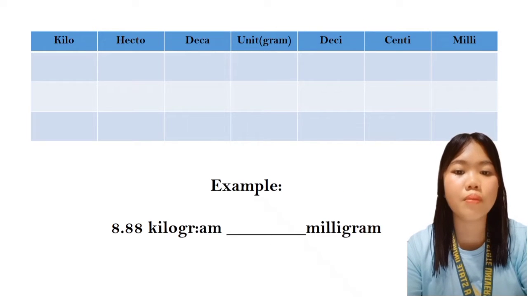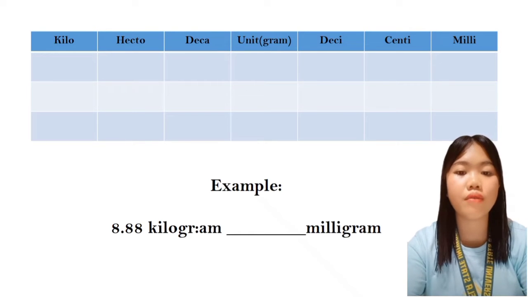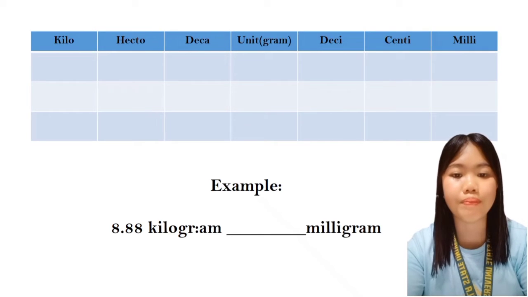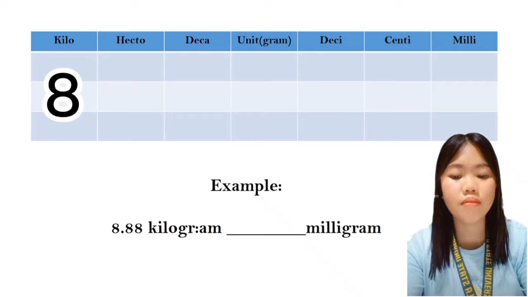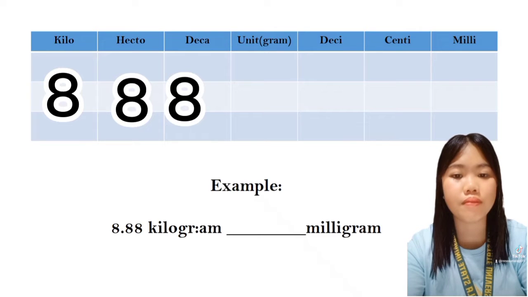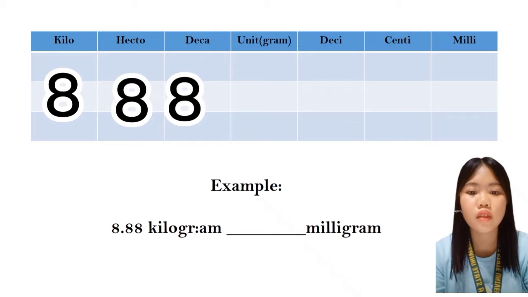The next example would be on the unit gram. So we have here 8.88 kilogram converted to milligram. We put 8 on the kilogram, another 8 on the hectogram, and 8 on the decagram. We don't have to include the point.